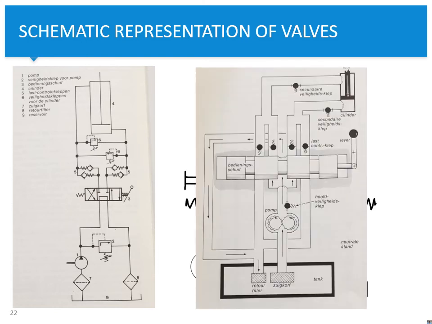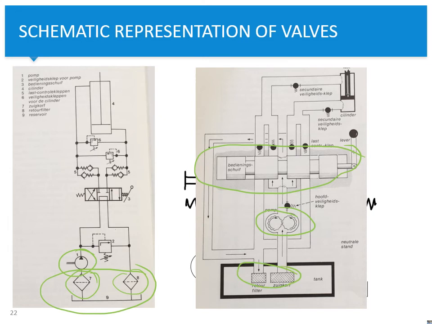And over here you can see the valve itself. You can see the pump over here, and pumps over there as well. And there's one large reservoir, so the pump needs to get this oil from somewhere as well, so it is the same reservoir. And there are some filters over here as well.